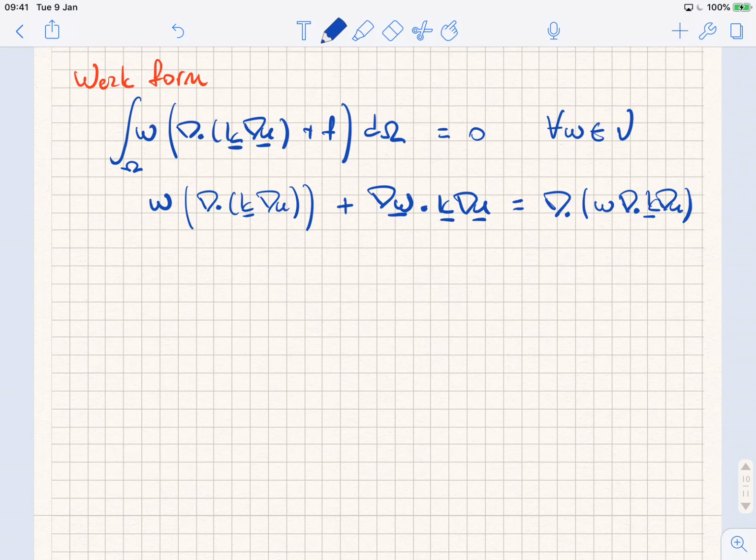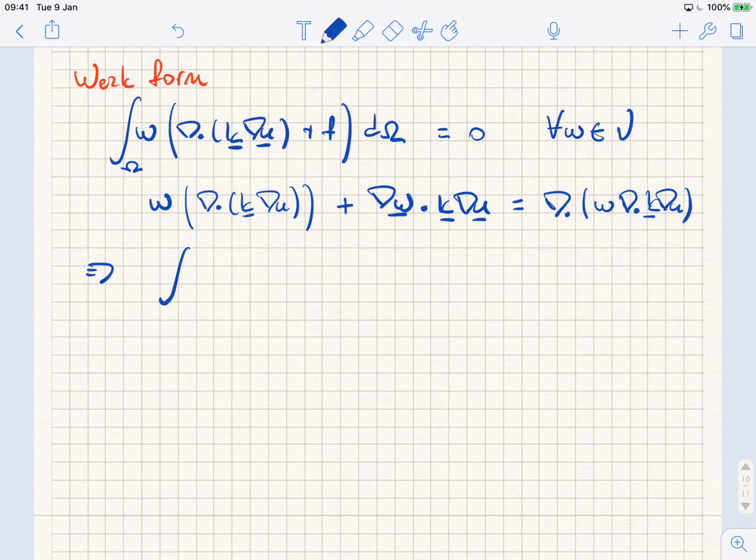So if we plug this back into the equation, what do we get? All we need to do is plug this guy in, which is this one. I'm going to move it to the other side because it's going to be negative.